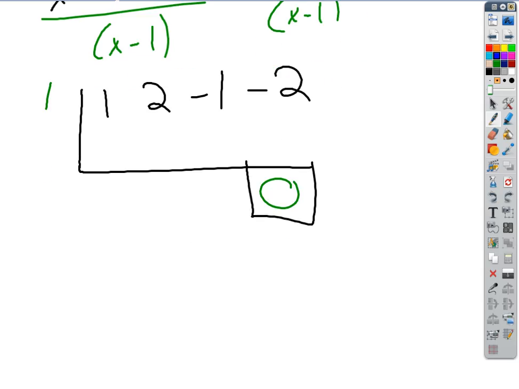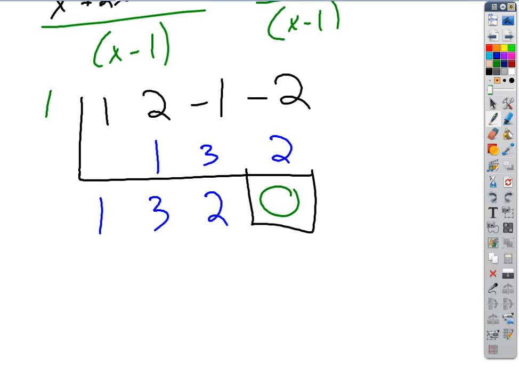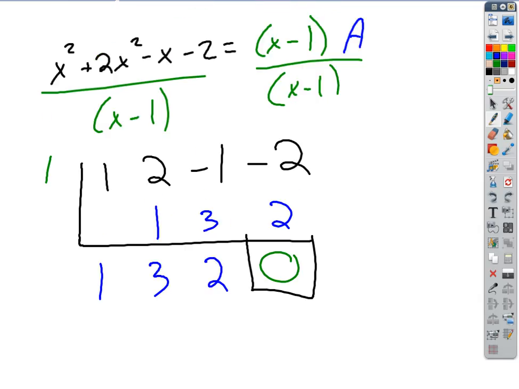So now I bring this down, and that becomes a 1. 1 times 1 is 1 plus 2. 1 times 3 is 3 plus negative 1. 1 times 2 is 2, and sure enough, they add to 0. Okay, so then that tells me that A, right up here, which is what I get when I divide these things out, is what?